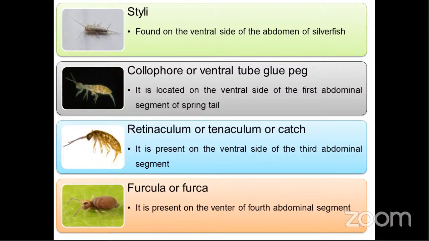The retinaculum, or tenaculum or catch, is present on the third abdominal segment and can hold the springing organ. Next, the furcula or furca is a Y-shaped organ. You can see here this Y-shaped organ, which is present on the fourth abdominal segment.